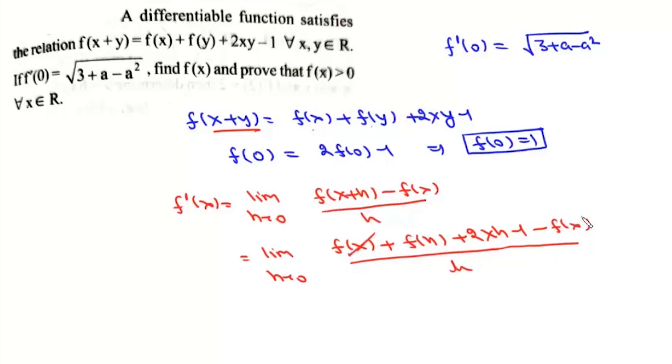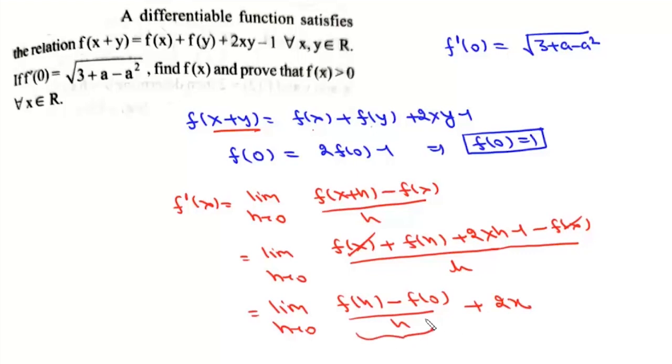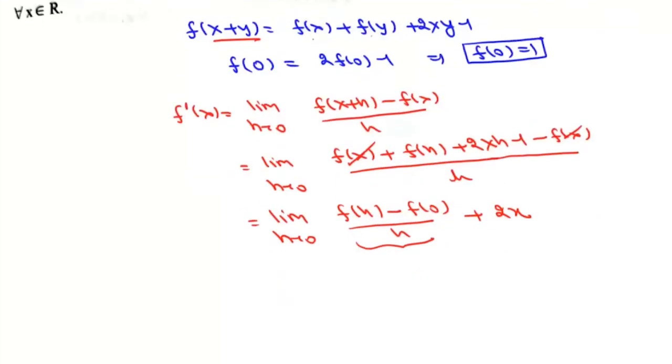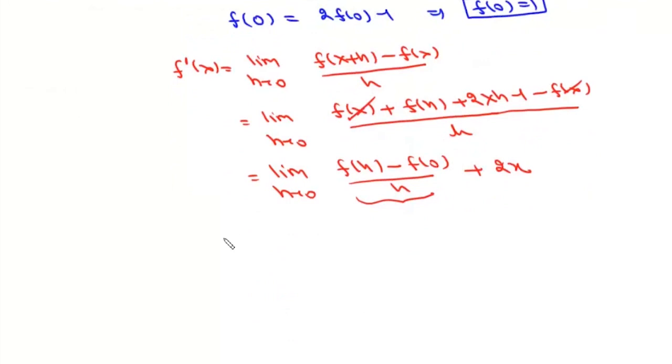Now this f(x) and f(x) will cancel. Now we can rewrite this as the limit h tends to 0 of f(h) minus 1, and we can write this one as f(0), upon h plus 2x. Now this is nothing but f dash 0. So we can write this f dash x as f dash 0 plus 2x.